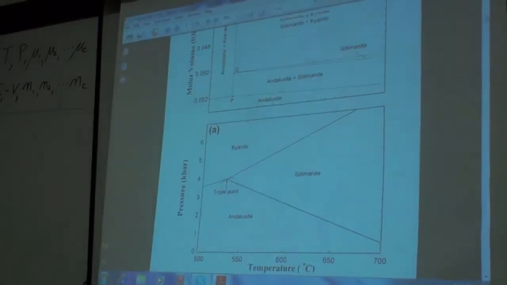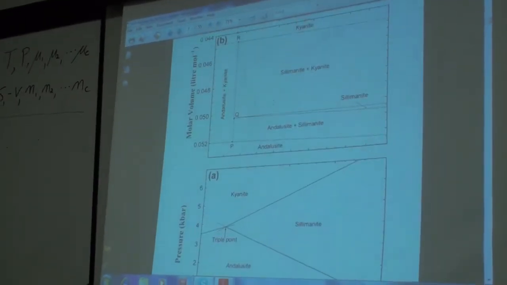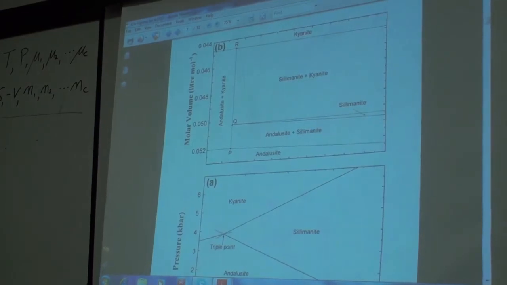So if you go to figure 7, and I think this is important, you have corresponding diagrams. Here we have pressure, temperature, and this diagram corresponds to this one. Here I've replaced the pressure by its corresponding normalized variable.